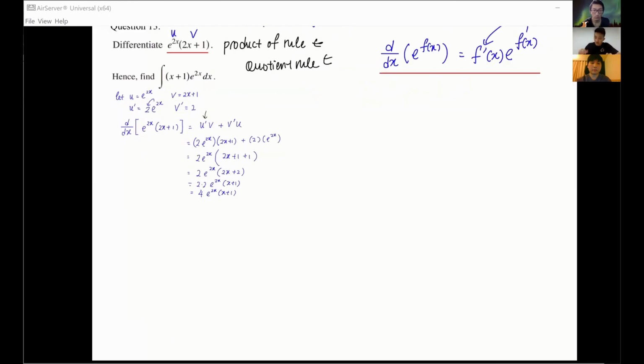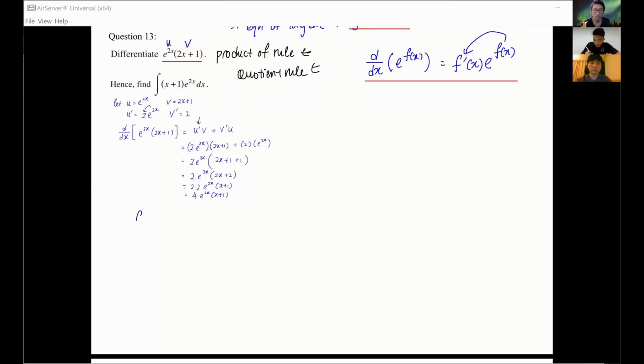So, integrate (x plus 1) e to the 2x dx. Now notice that, do we have this one here? This one is similar to this, it's exactly the same as this one, right? So this one is same as this one. We can rearrange the top.